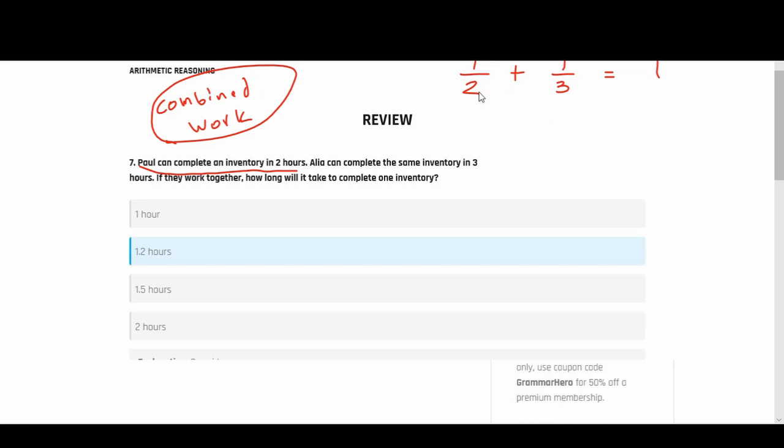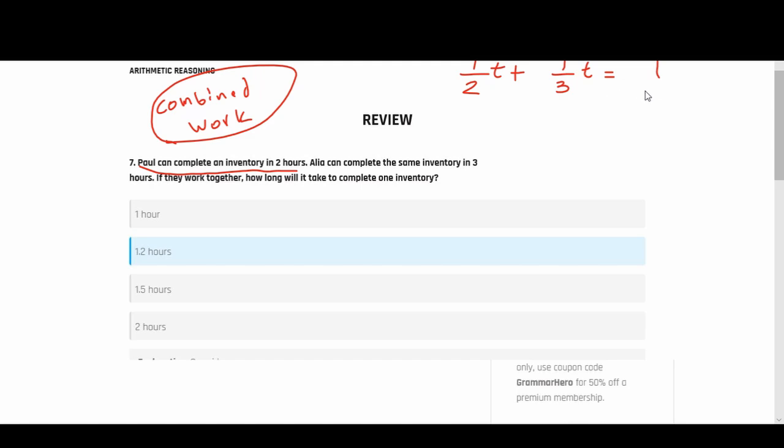Okay, so Paul works at a rate of half the inventory per hour. Aaliyah works at 1/3 of the inventory per hour. So we just have to throw this variable time here, and now we can solve the problem. These are set up the same way every single time. You find out how much of something they can do per hour.